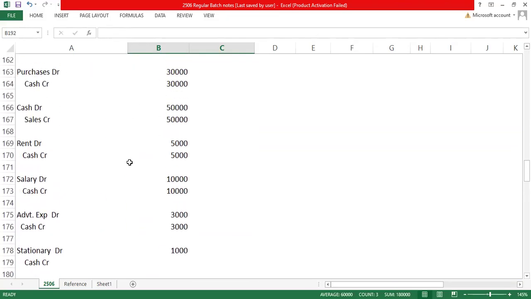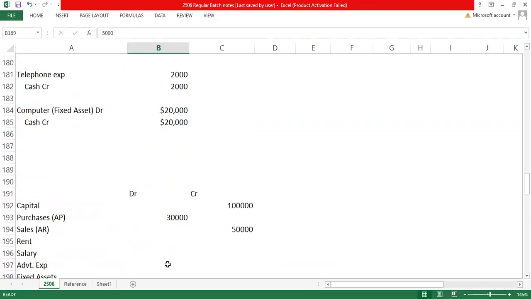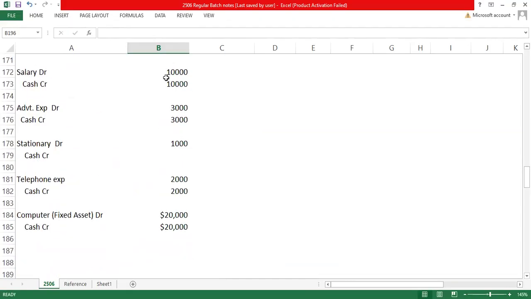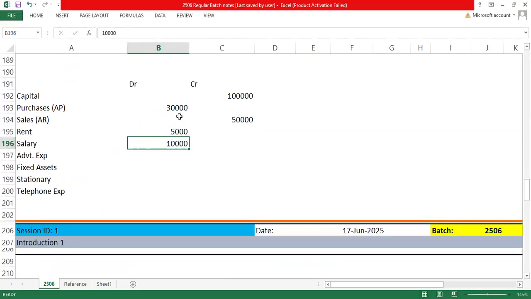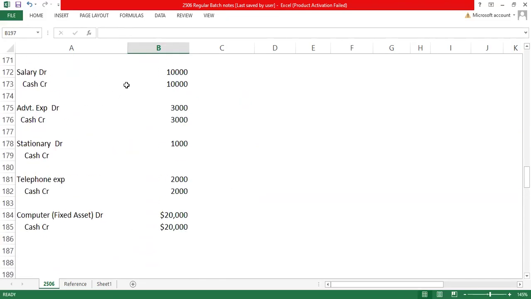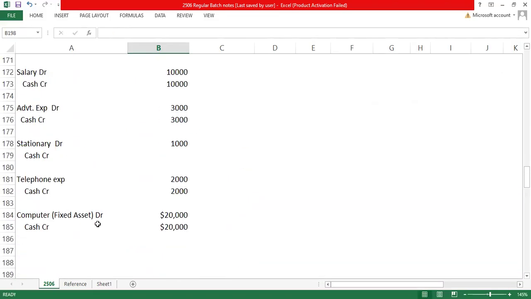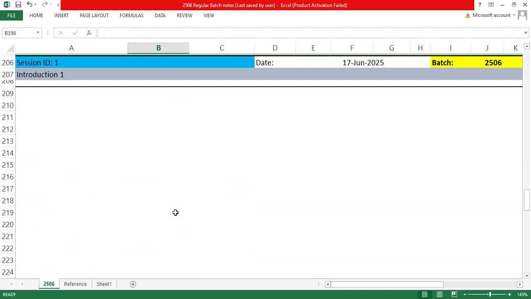Next thing I have is rent, debit 5,000. Salary, debit 10,000. Then I have advertisement expenses, debit 3,000. Fixed assets contains a debit balance here, 20K.